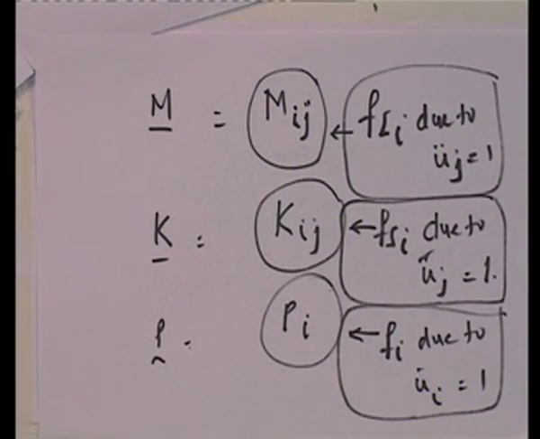You see how we are slowly building up the blocks, and from here on all I am going to do is find out Mij, Kij, Pi, and that is all. I have got my mass matrix, stiffness matrix, P vector, and then my equation of motion, which is given by m u double dot plus K u is equal to P, and so I have got my differential equation which I will then solve.